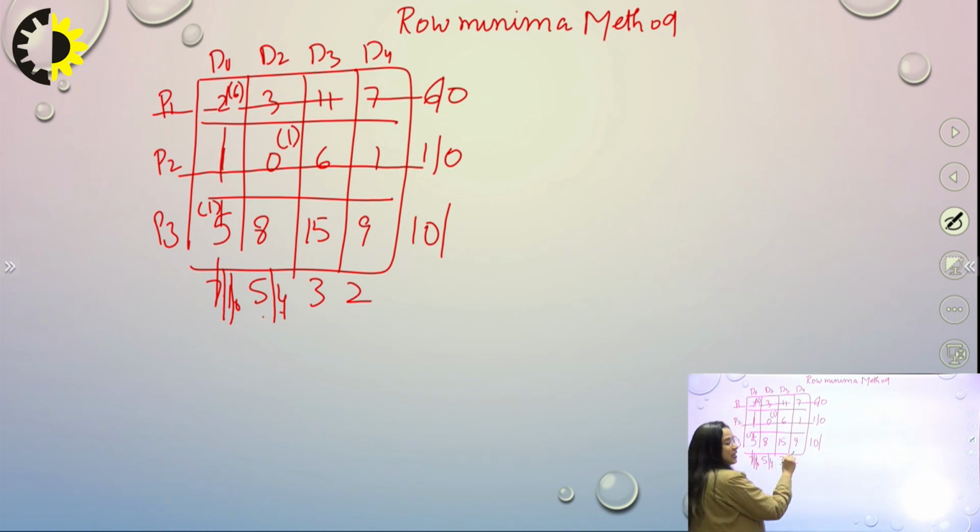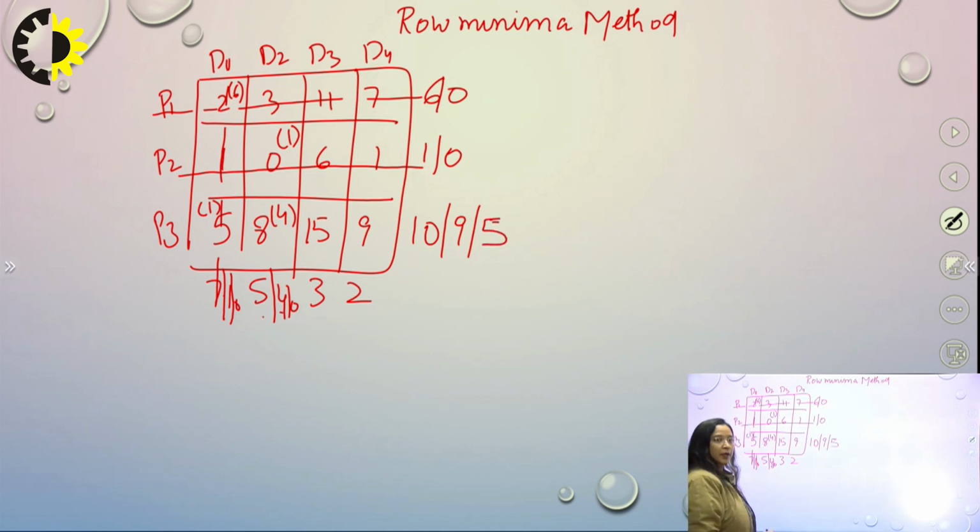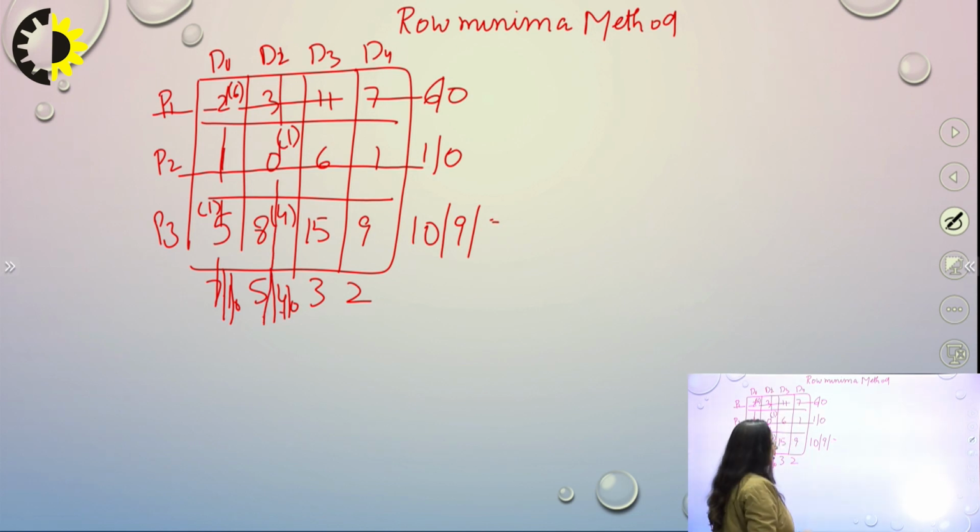Now among these three, which is the minimum number? 8. Yes, the requirement is 4 over here, like we have seen. It comes out to be 0. Here comes out to be 5. Okay, so we will cross this line. Now between 15 and 9, which is the minimum number? 9.